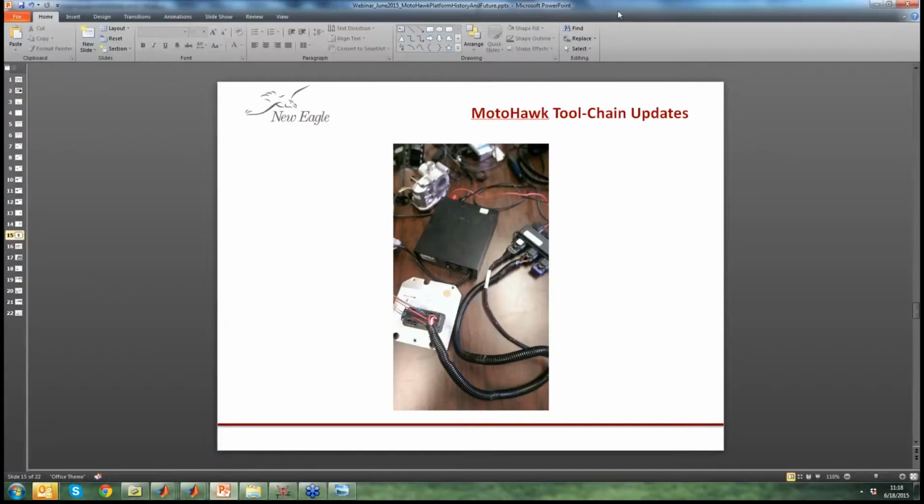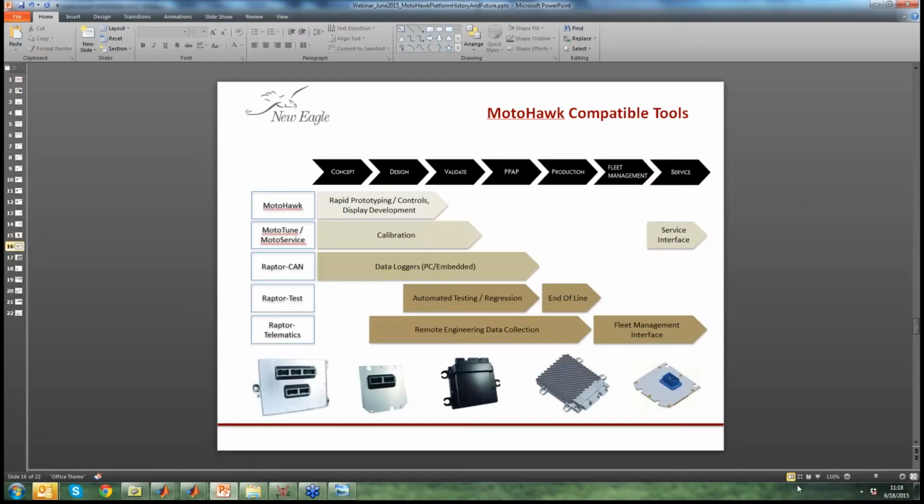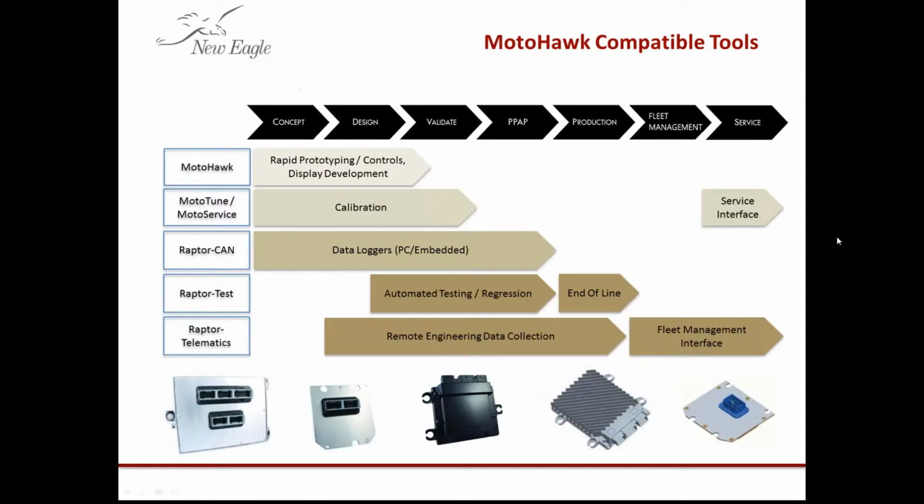So we'll head back to the presentation for a second here. Moving forward, we talked about using MotoHawk as a production development tool. So we've laid out here a design evolution like we talked about earlier, moving on the left-hand side from concept development through to service.